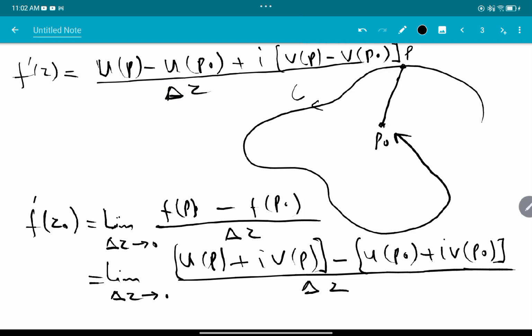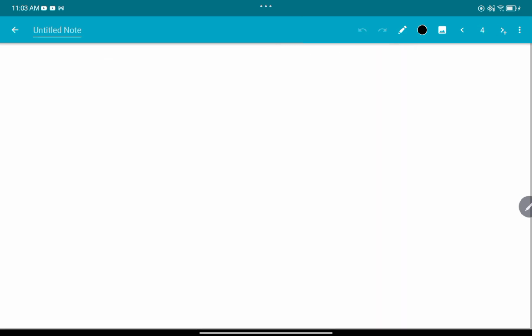Now I will use the mean value theorem for two variables. But before using that, let me transfer this whole material here.